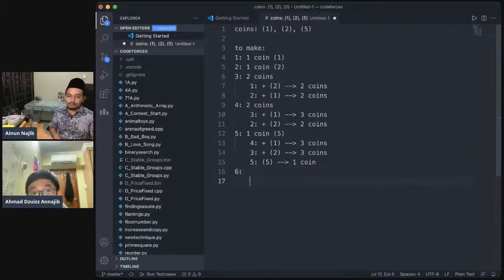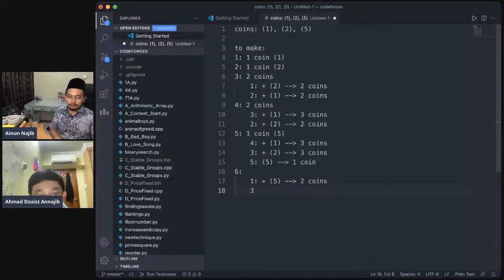Now how about 6? What are the possible scenarios for 6? 5 and 1, so 1 plus coin 5, which means 2 coins.